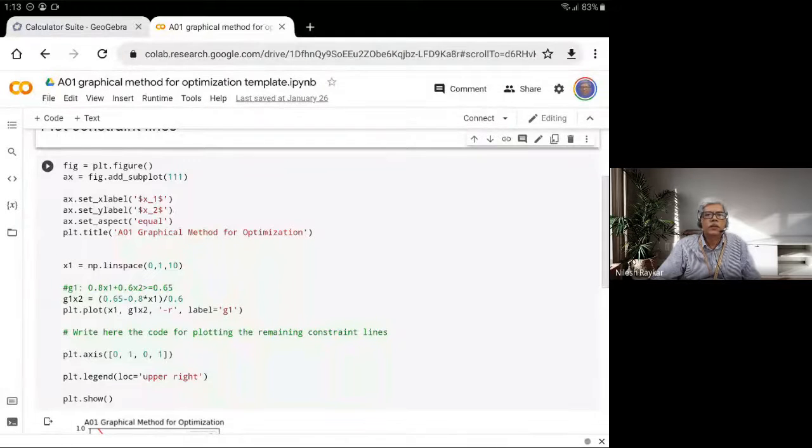Okay, so I want one of you to plot those 4 constraints and show it to me. One or more, as many of you as want.